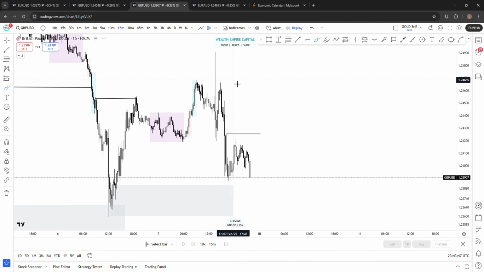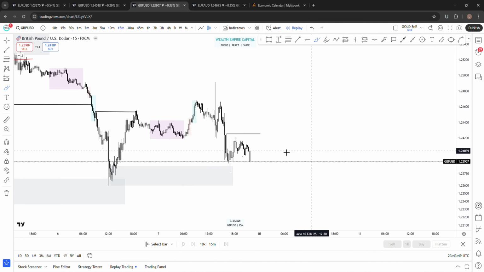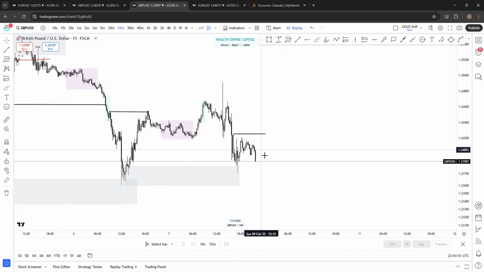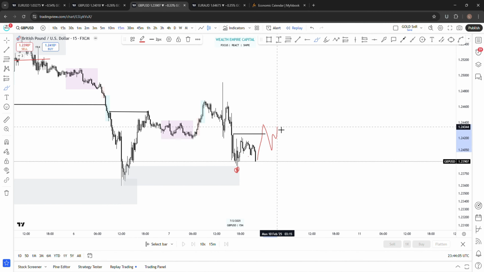What I want to see before I can engage in any buy is, if price wants to respect this immediately, I want to see price go above this high over here. Once we have gone past this high, I will start looking for opportunities to buy to the top.